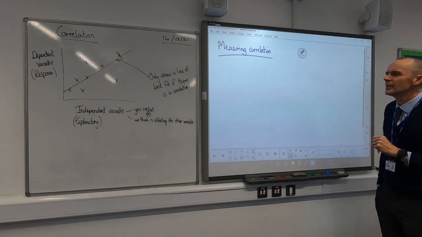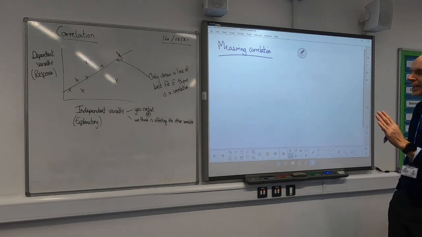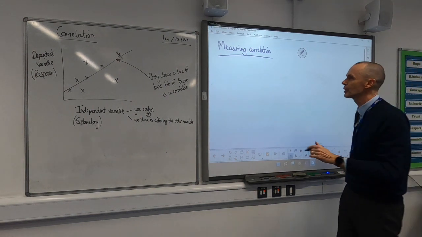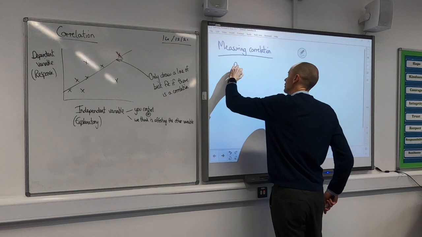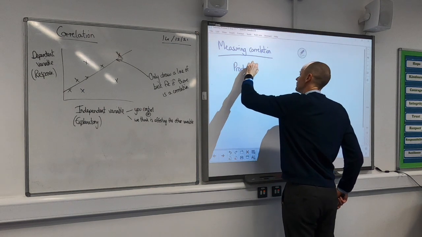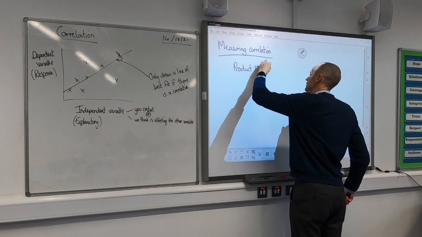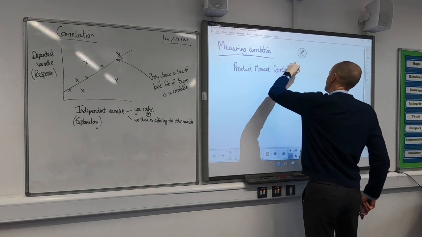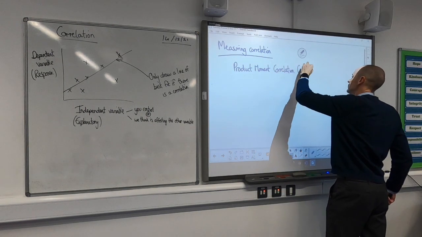Right. So the way we measure it, we used to do both actually, but the way we now use is a measure called the product moment correlation coefficient. Which is mercifully abbreviated to PMCC.